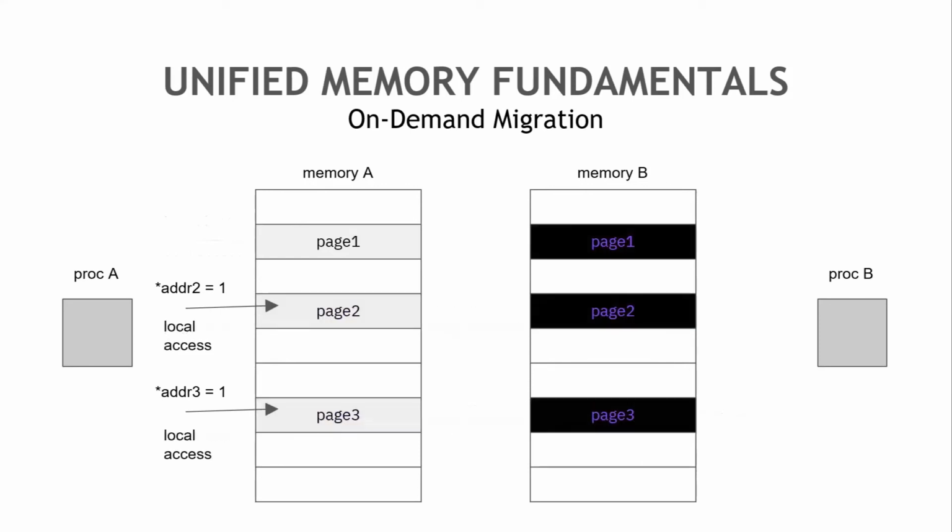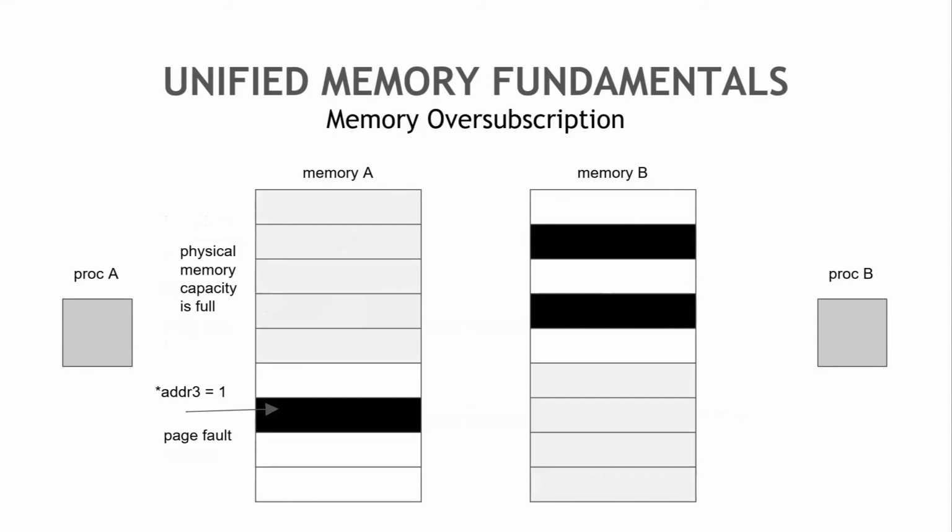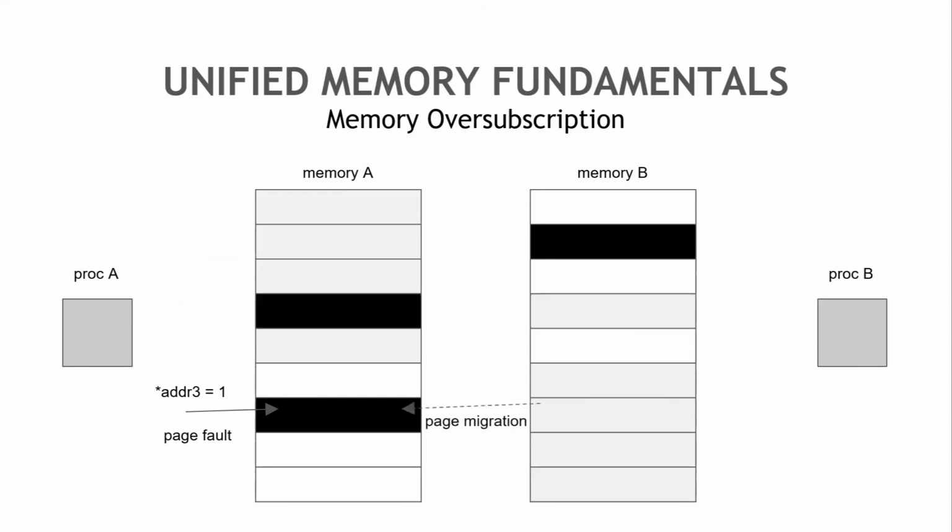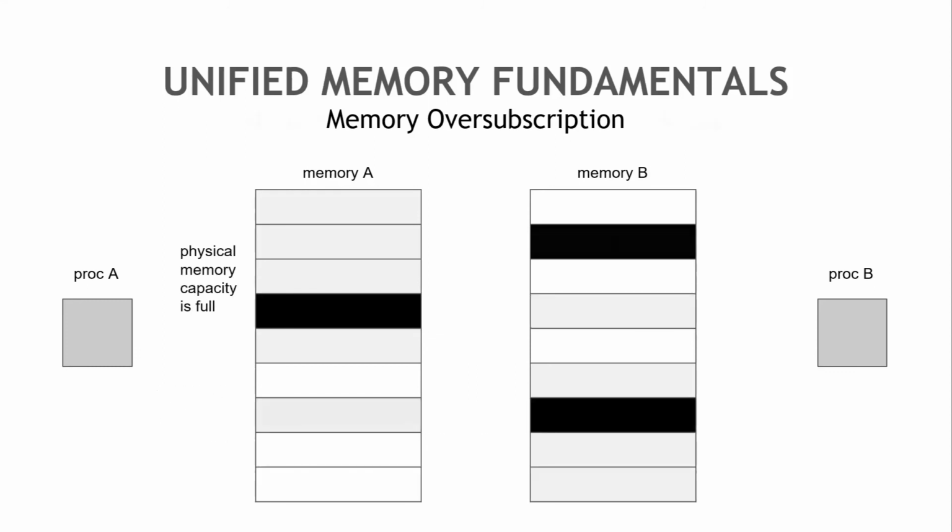So we will always have the good information in the memory. Memory oversubscription works the same way. When we need more space, we will move the page to another place and retrieve the memory that we want.